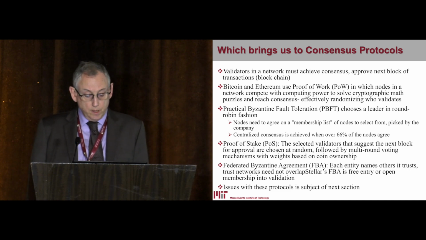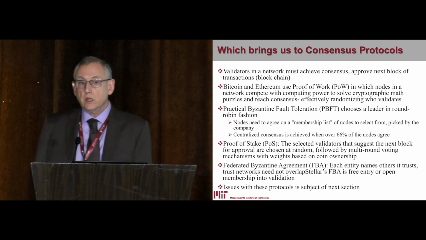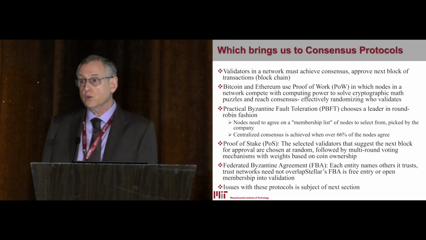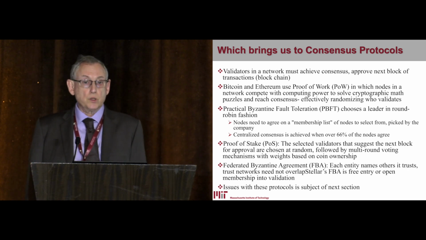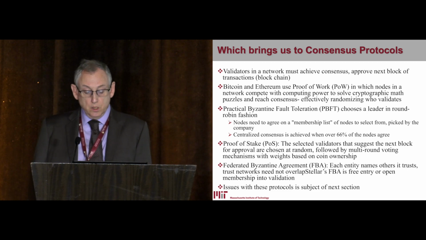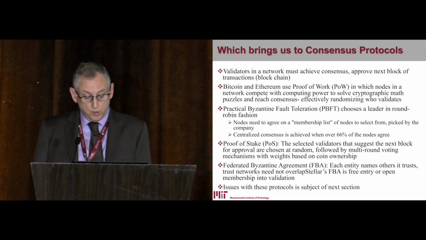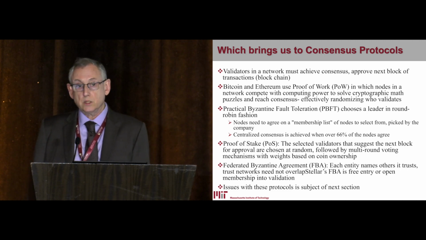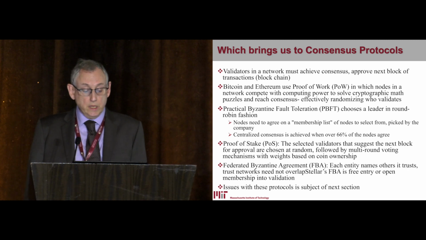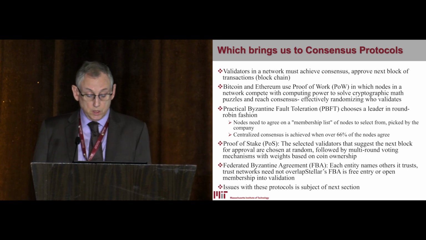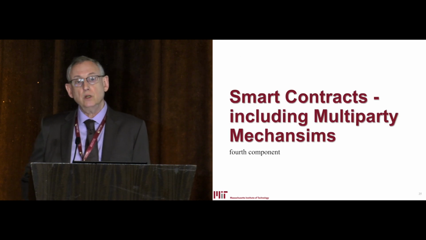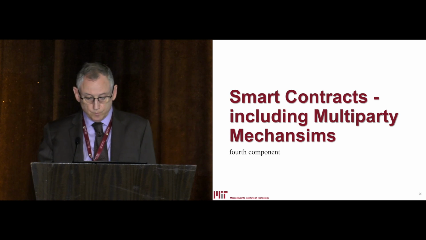And finally, federated Byzantine agreements. Each entity names others that it trusts. The trust networks need not overlap. Stellar's FBA, for example, is free entry and open in membership into this validation process. Now, there are issues with each and every one of these consensus protocols, and that's going to be the subject of the next section, the fourth component, smart contracts.